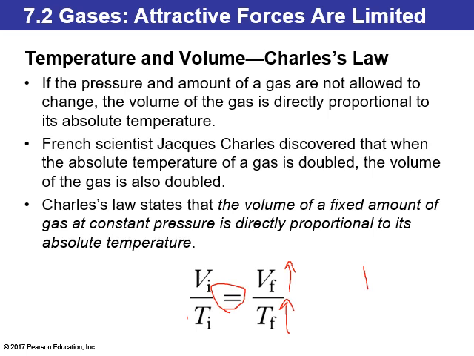So if you had, for example, 1 over 1 equals 1 over 1, both sides are equal to 1, right? So if I increased VF to 2, I would have to increase TF to 2 as well to make it still equal to 1. So as one goes up, the other has to go up the same amount.